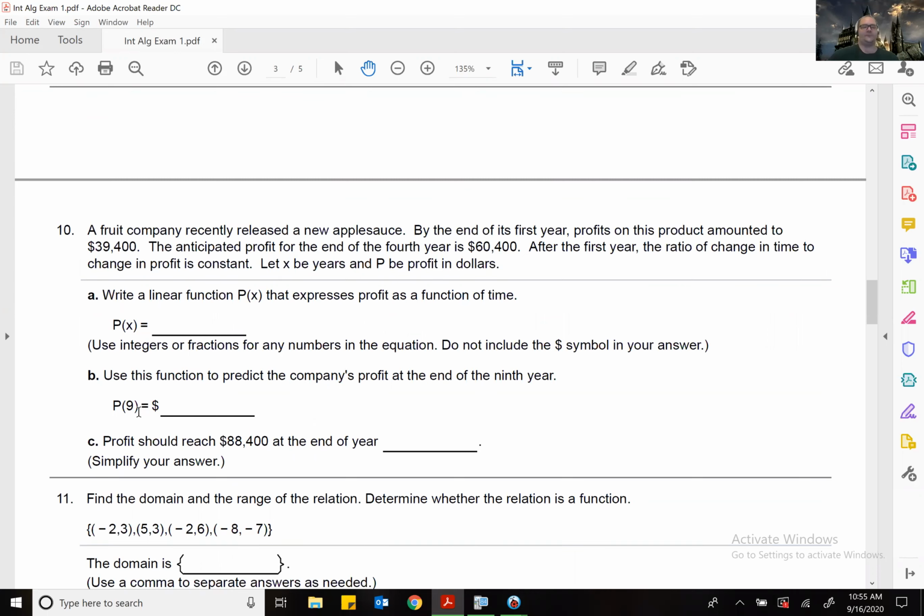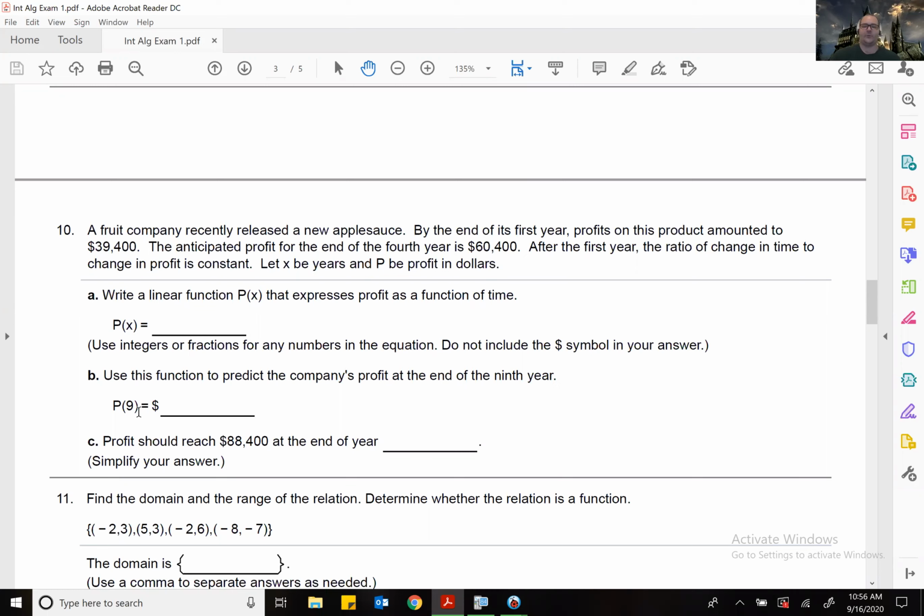It says a fruit company recently released a new applesauce. By the end of the first year, profits on this product amounted to $39,400. The anticipated profit by the end of the fourth year is $60,400.